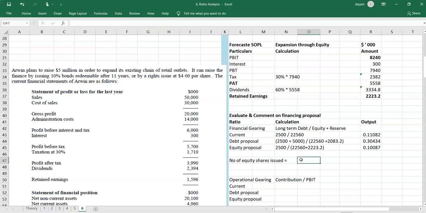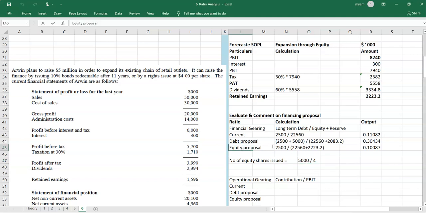Okay, so number of new equity shares issued is, see, totally we want to raise 5,000, and if it's going to be raised by $4 shares, so I think that's the number of equity shares issued. This will give you the total number of shares.